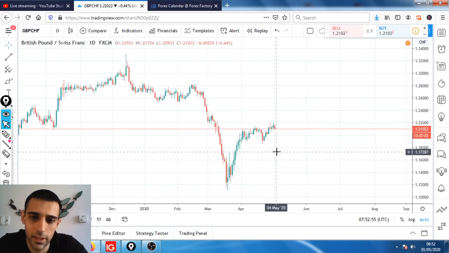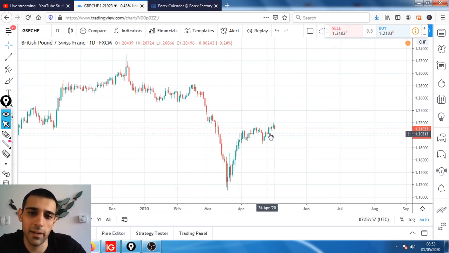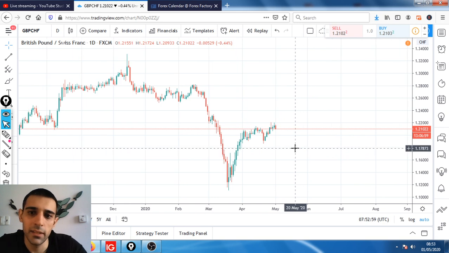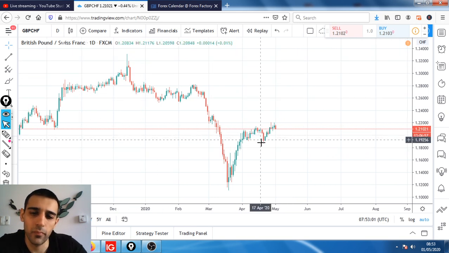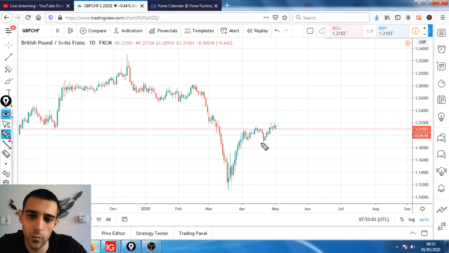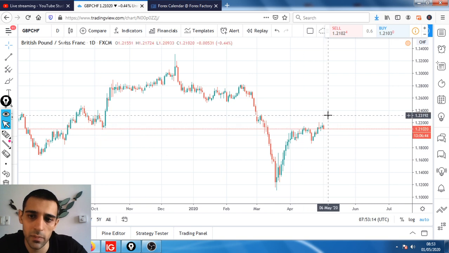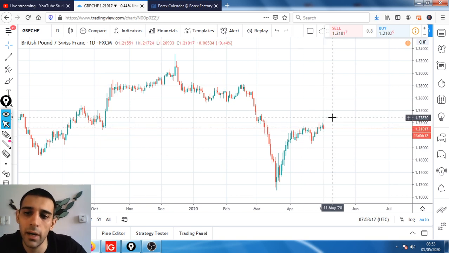This one looks kind of choppy, like a semi-choppy range. We had this move towards upside. It took out the highs in here, and it went pretty far. Generally price does not do that unless it wants to continue higher.